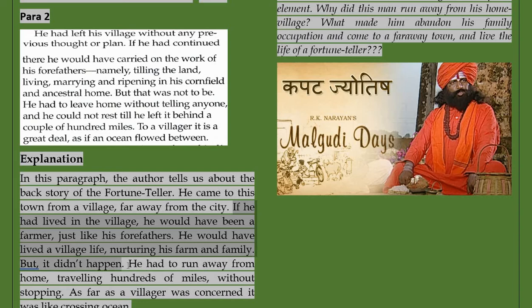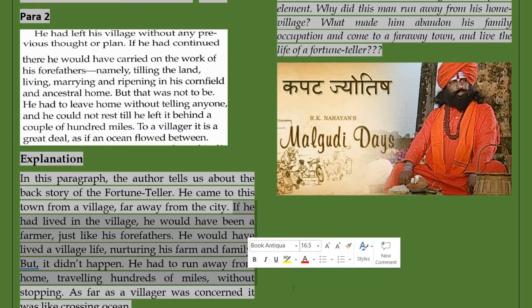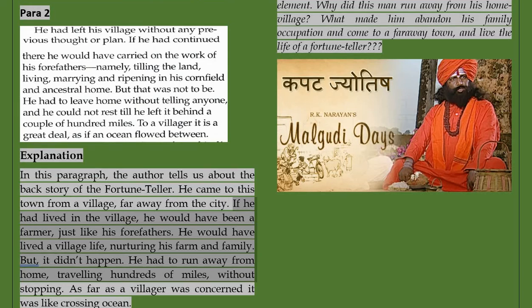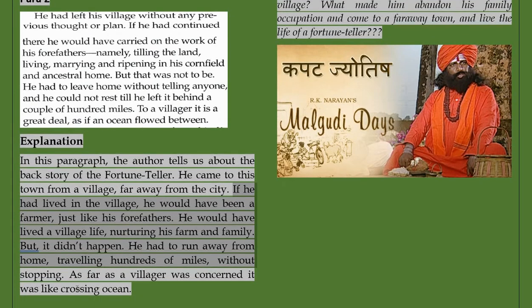But it didn't happen. He had to run away from home, traveling hundreds of miles without stopping. As far as a villager was concerned, it was like crossing ocean. So that is it.